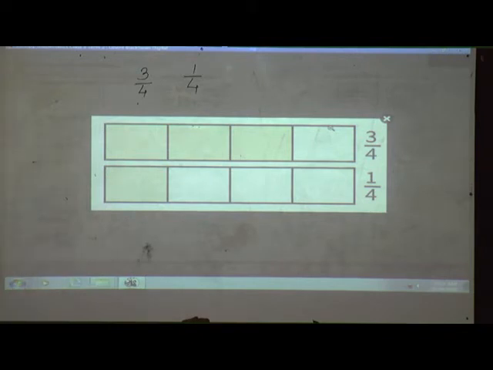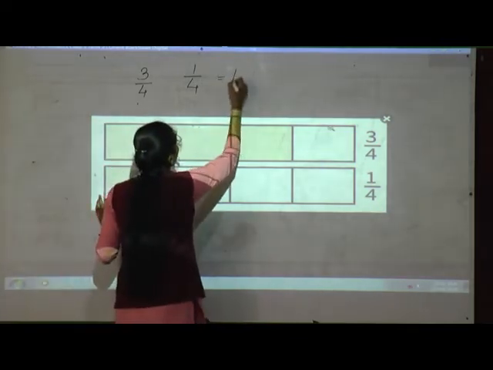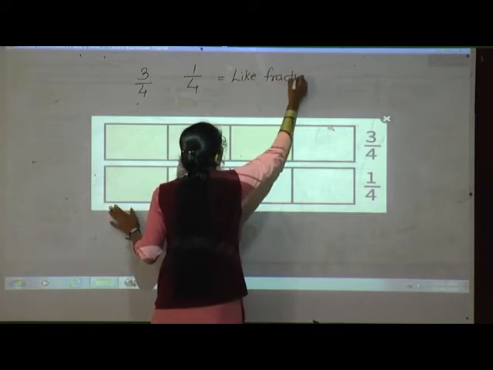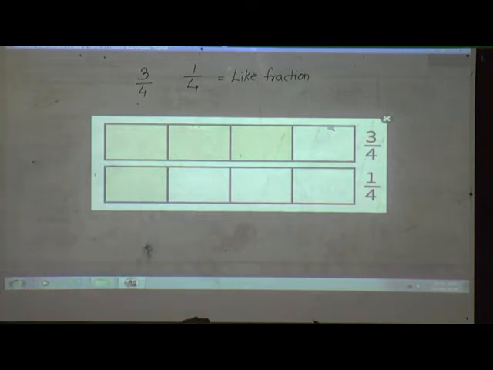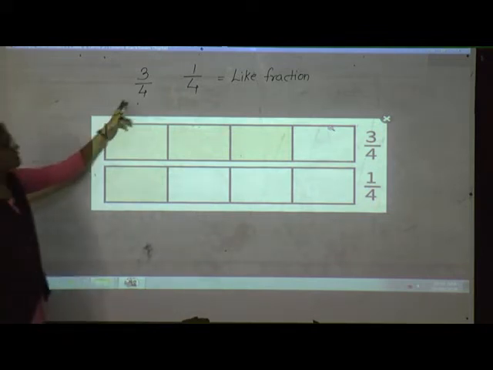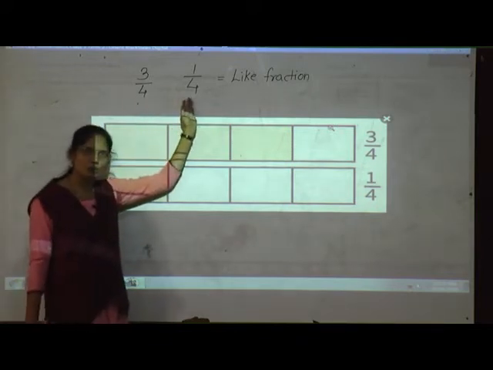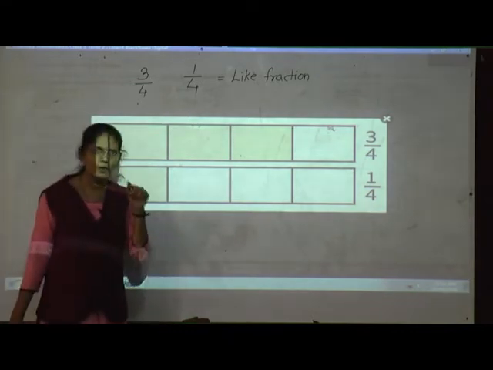If the denominator is the same, then it is called a like fraction. Like fraction means what? The fraction in which the denominator is the same. Here in these two fractions, the denominator is 4 only. So this type of fraction is called a like fraction.